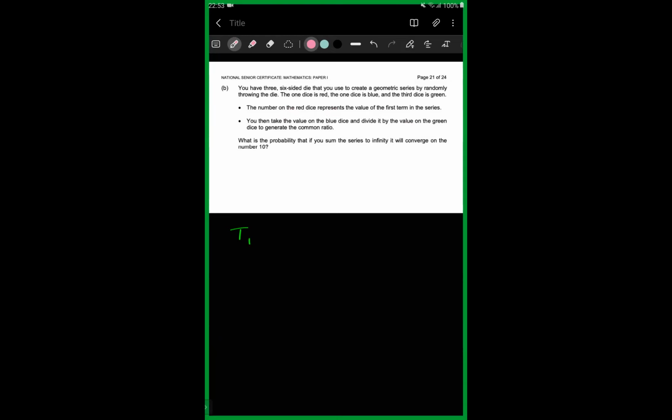So the idea is, if this sequence has a sum to infinity, whatever happens, the common ratio has to be bigger than -1 and smaller than +1. There's no other way, meaning that the common ratio can only be something like 1/6, 2/6, 3/6, 4/6, 5/6.